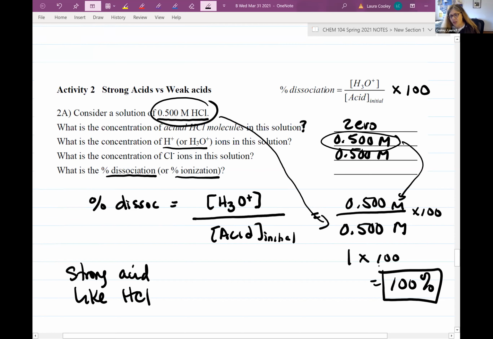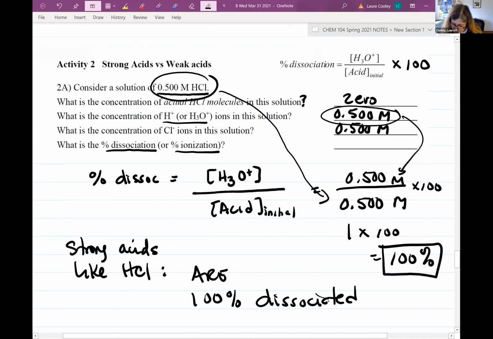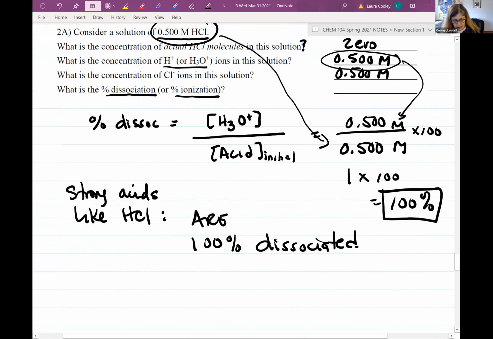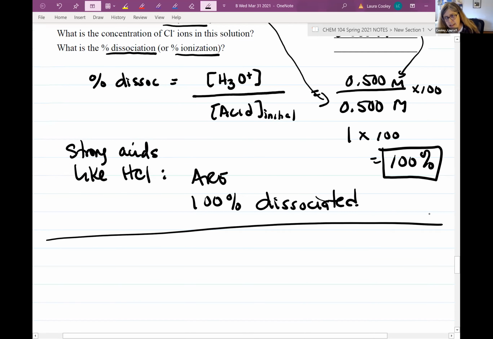So we say that HCl is 100% dissociated. So strong acids like HCl are 100% dissociated. So you don't even have to do the calculation. If it's a strong acid, it's 100% dissociated, nothing to calculate. Okay, that's the easy answer, the easy part.